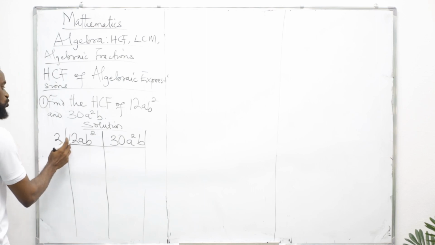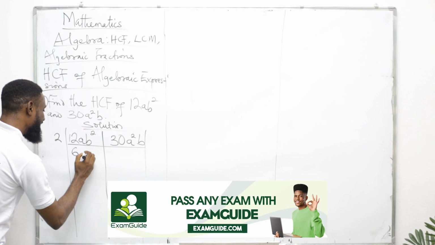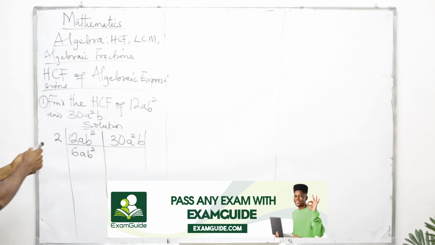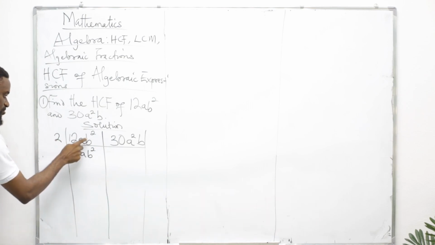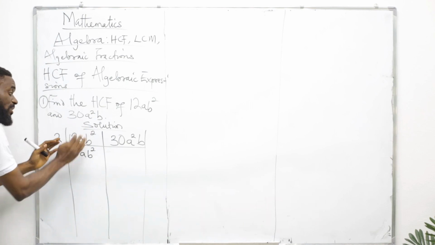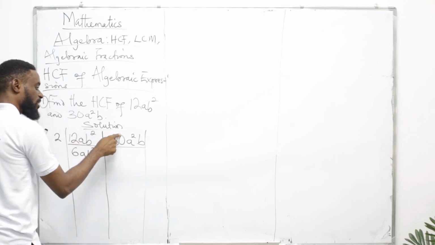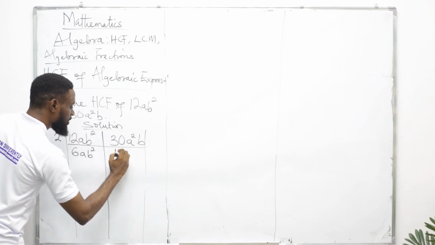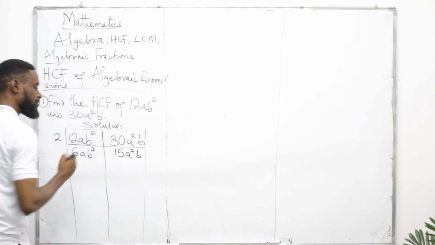2 into 12ab squared will give us 6ab squared. How do I mean? 2 into 12 gives us 6, so 2ab squared. Do you get that? 2, which is a common factor here, into 30 is 15a squared b.